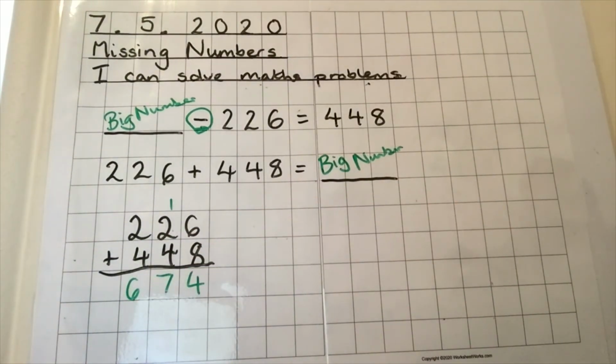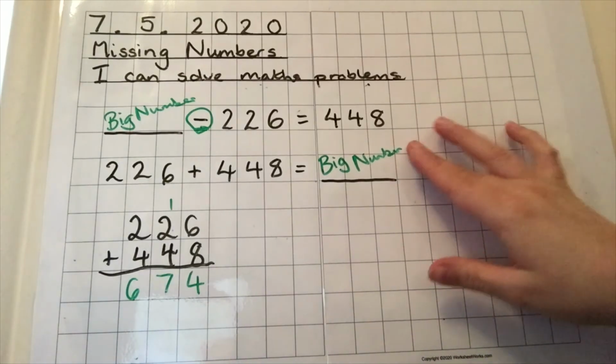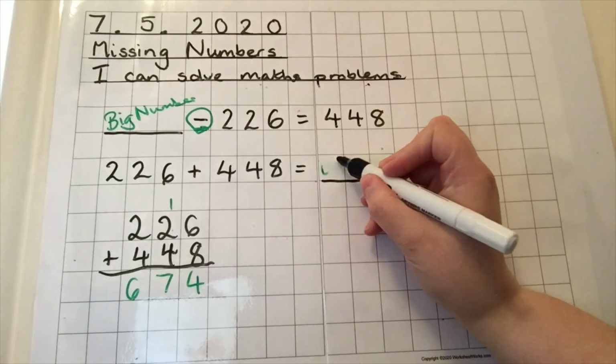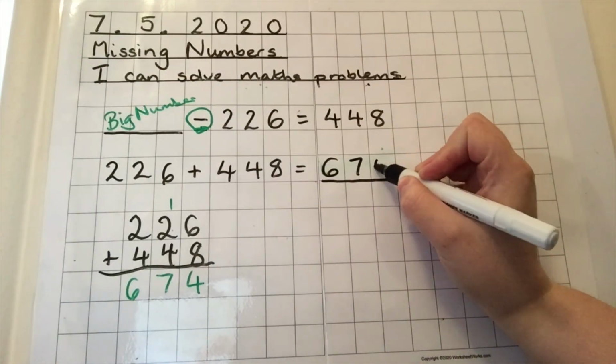And we end up with 674. So this is where our big number would go. 674.